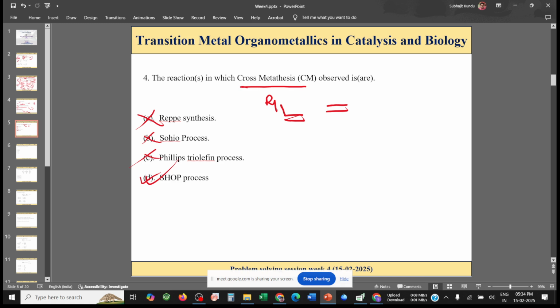The SHOP process will be the right answer, where SHOP is the Shell Higher Olefin Process.